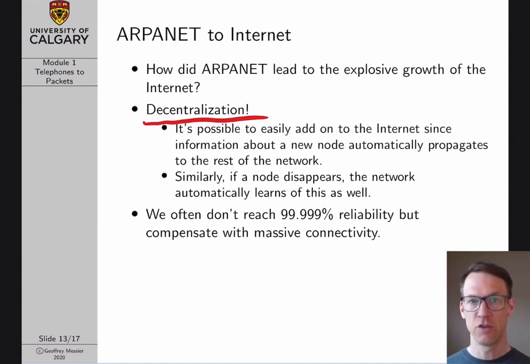So if you want to add a chunk onto the internet, you don't have to update a central authority or put in a bunch of hierarchies. You can just plug a router into the side of another router, and just through local message exchange, the rest of the internet learns about the little network that you've connected onto the side of it. And that made the network very easy to scale up.